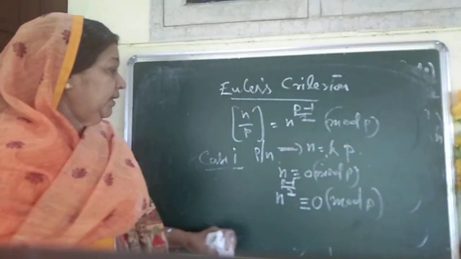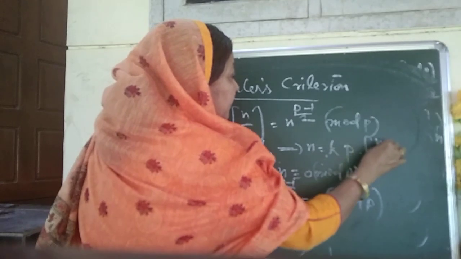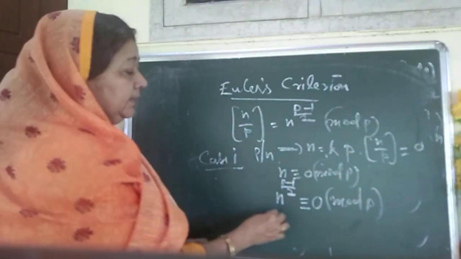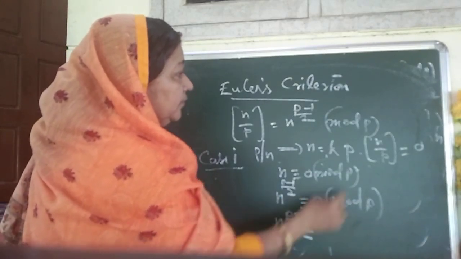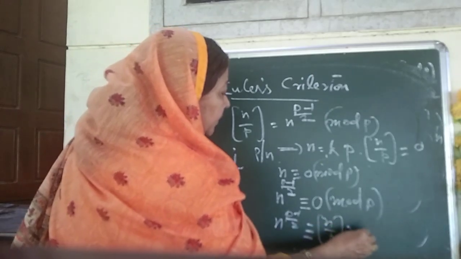But we know if p divides n, the Legendre symbol n by p is defined as 0. Therefore, n raised to p minus 1 by 2 is congruent to n by p mod p.